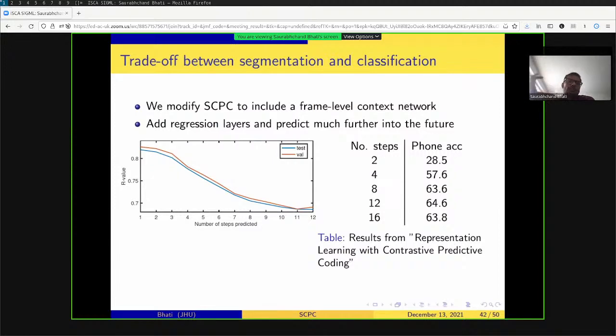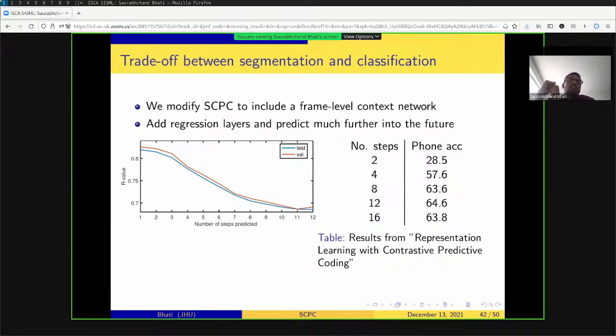But for representation learning, you sort of want to predict further into the future, so your model is constrained, and the task of identifying the next frame is not trivial for the model, so it can capture the better phone classification, as I mentioned. So this is why we think the trade-off between the two is happening.